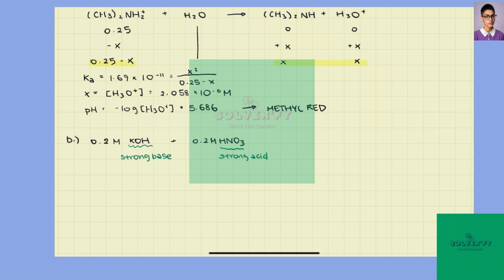In a titration between a strong base and a strong acid, our equivalence point will have a pH equal to 7. So following our chart, this will tell us that our indicator for this titration is bromothymol blue.